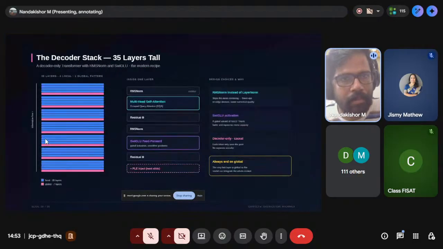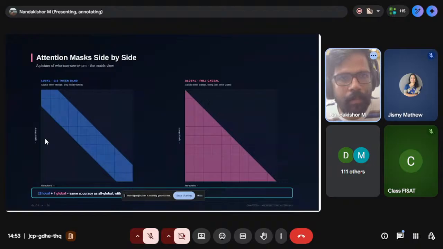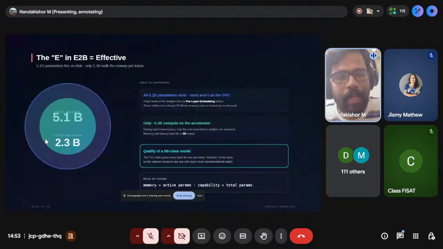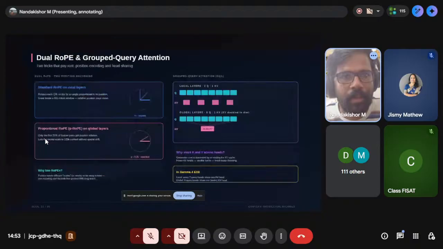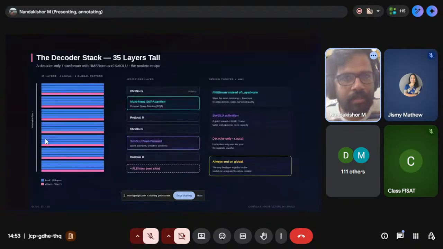From here onwards, we will discuss the idea of combining vision with the transformer language models. You have a couple of ideas here.